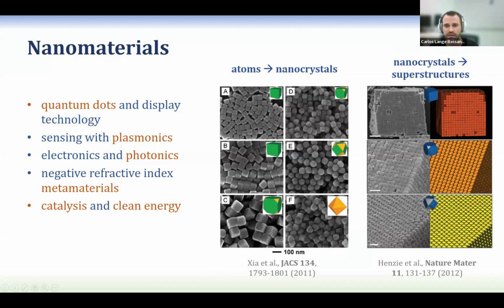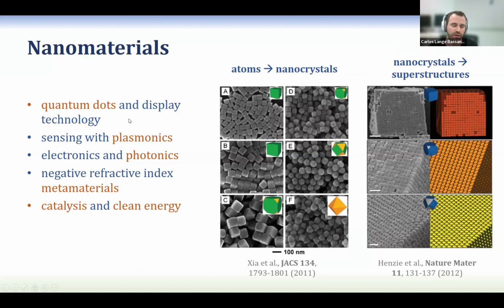And then we can take these nanocrystals and assemble them into superstructures. So now it's a crystal made out of nanocrystals. That's called a superstructure. And this is a new material with properties that, well, some we've never seen before.